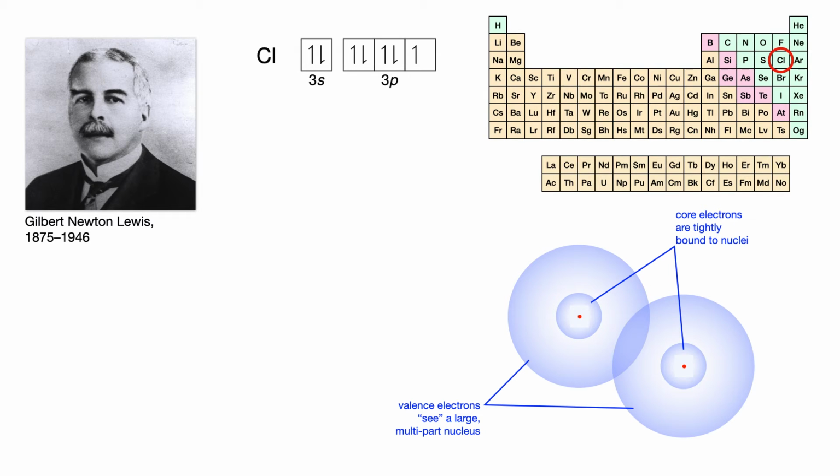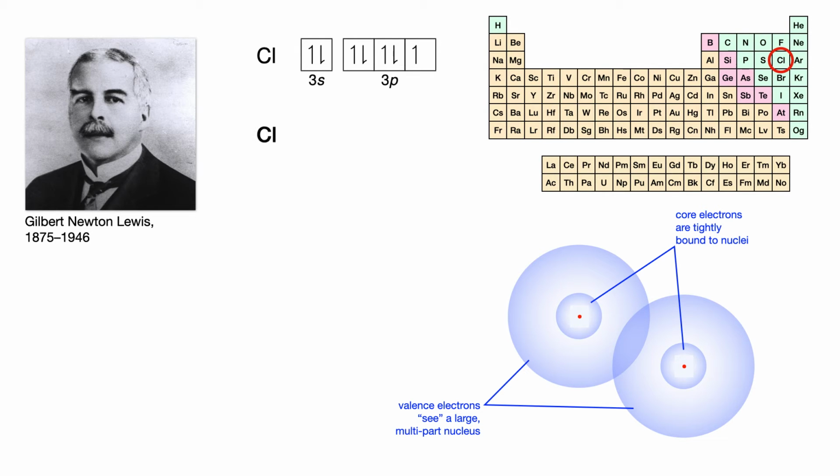So chlorine, for instance, has 7 valence electrons. It has a valence configuration of 3s2, 3p5. What Lewis suggested was that we could represent these valence electrons just by putting dots around the atomic symbol.